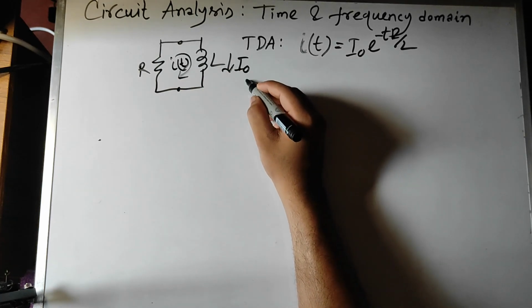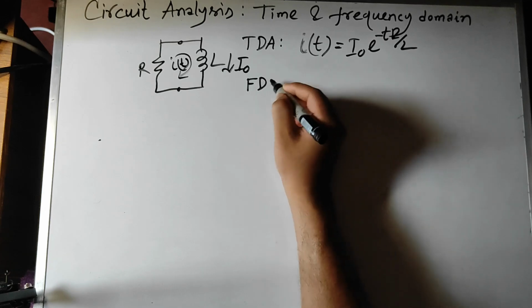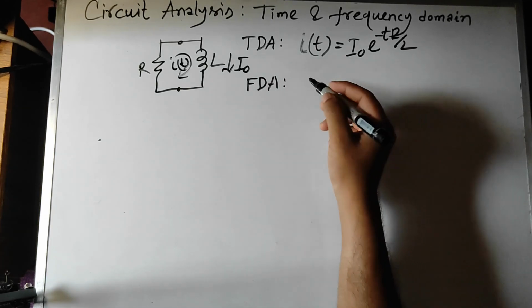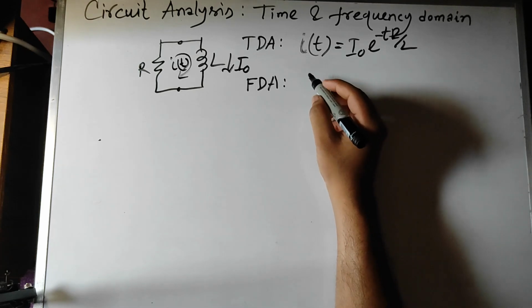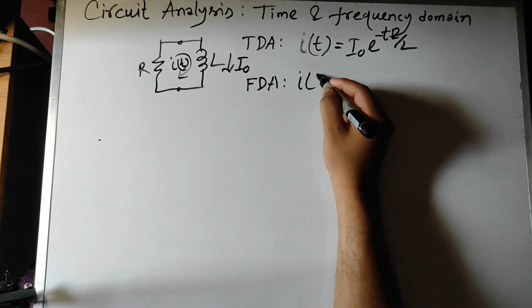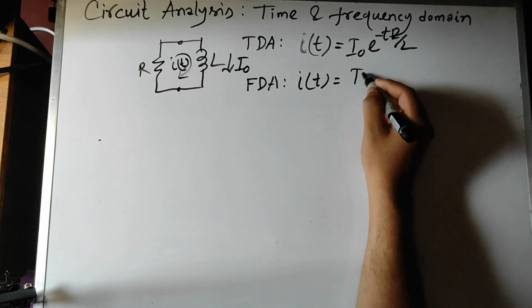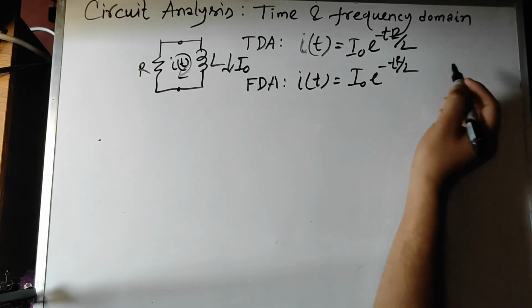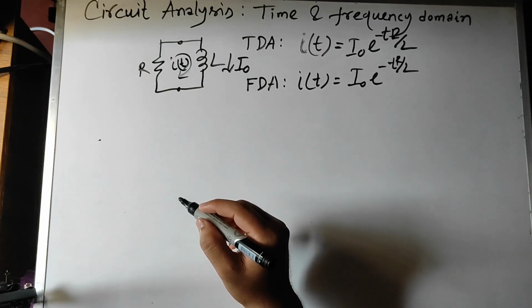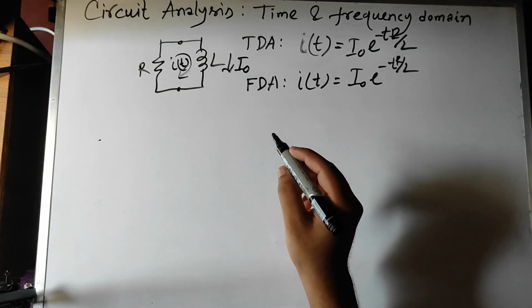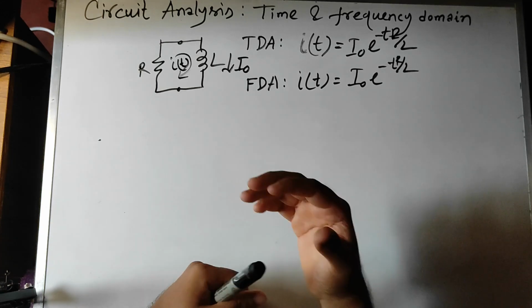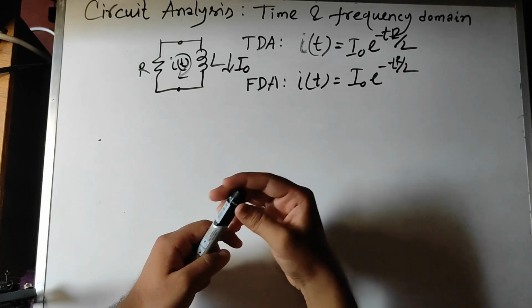And in frequency domain, after analyzing the circuit, we also got the same answer, I(t) equals I0 e to the power minus tR by L. So this was the result for the source-free RL circuit.